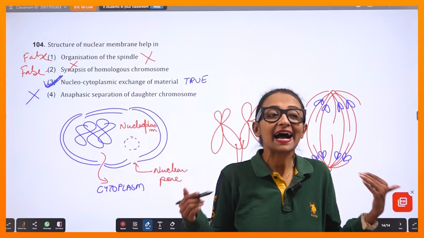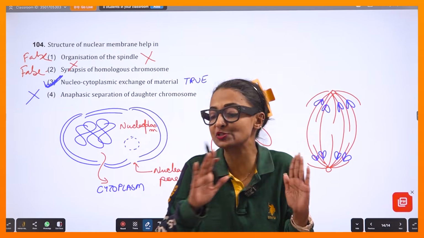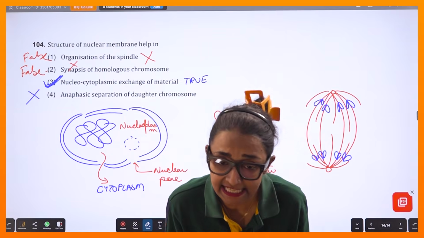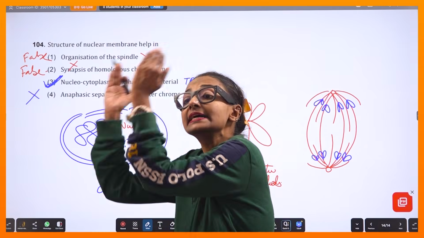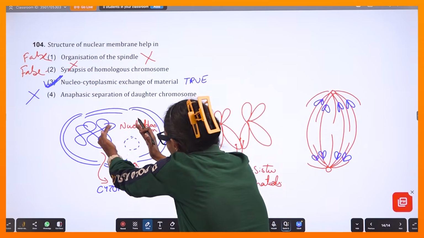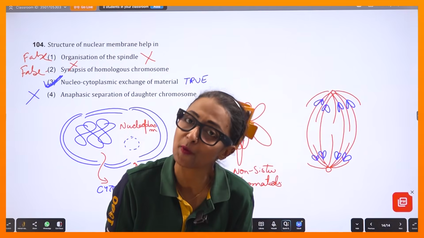What did I say? I said after transcription and post-transcriptional modification, in case of eukaryotes, when the mRNA is ready, that mRNA from the nucleoplasm comes out into the cytoplasm via the nuclear pore.